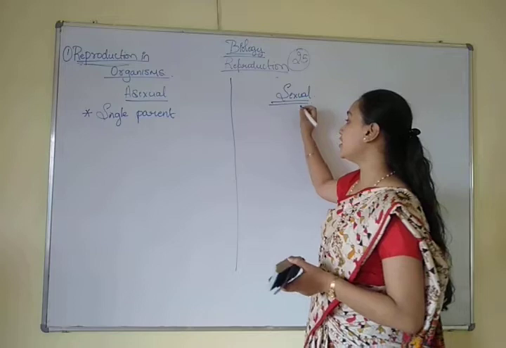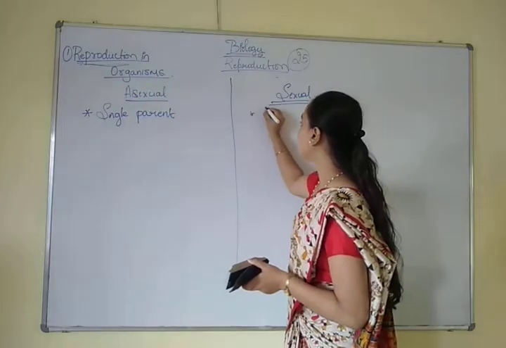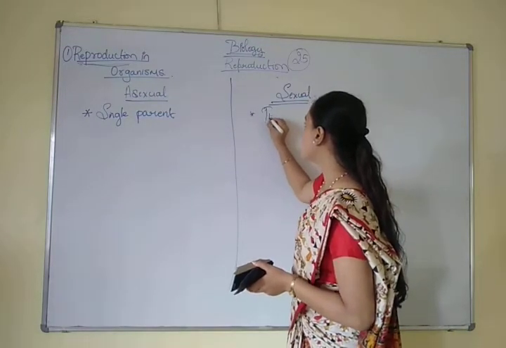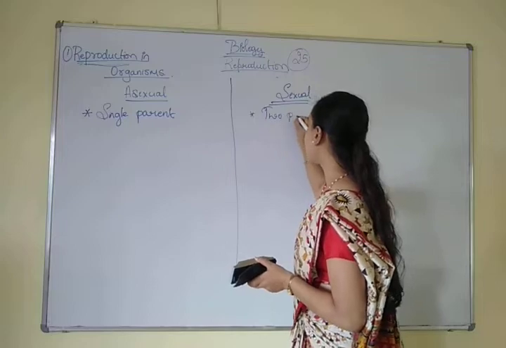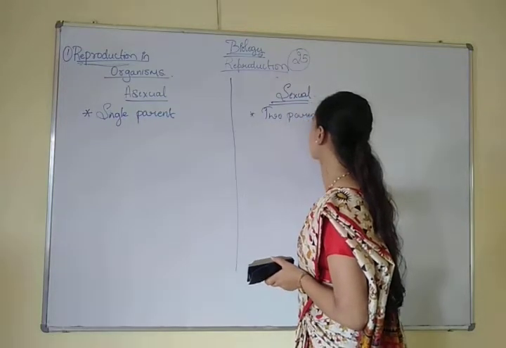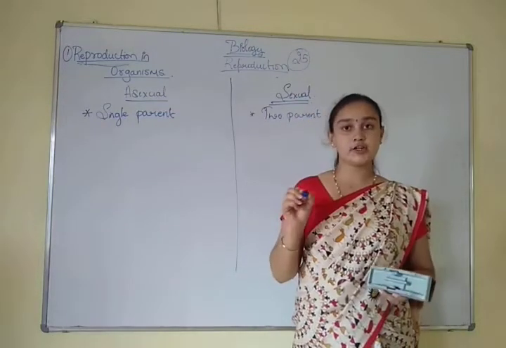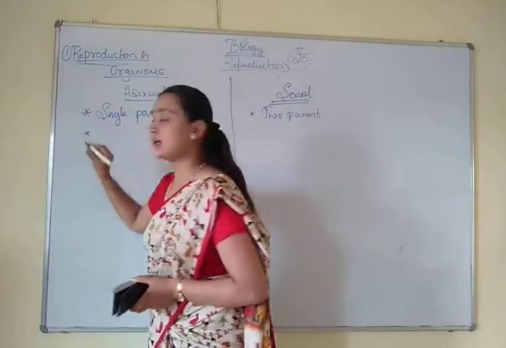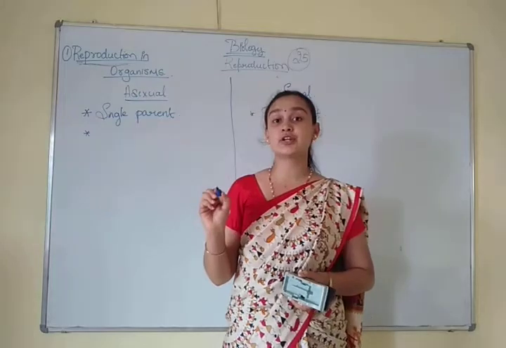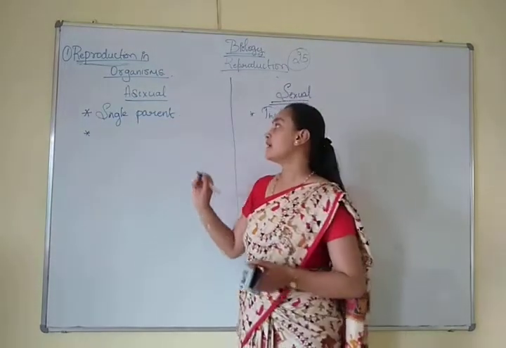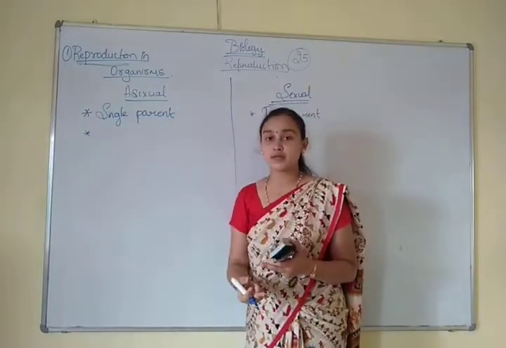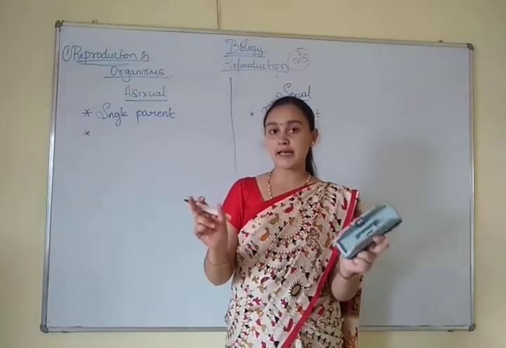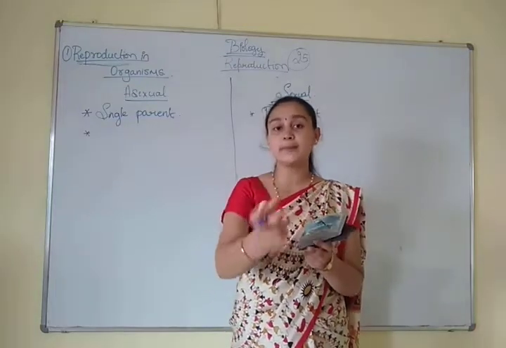Whereas in sexual reproduction, two parents are involved. In asexual reproduction there is no fusion of gametes. For reproduction to happen, the male gamete and female gamete should fuse to form a zygote.